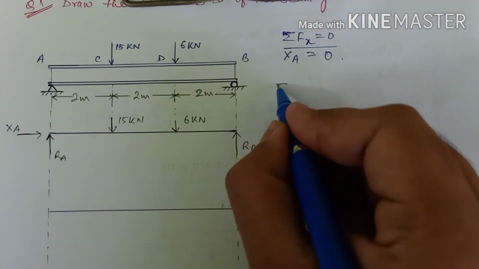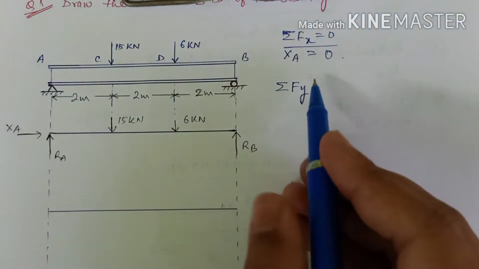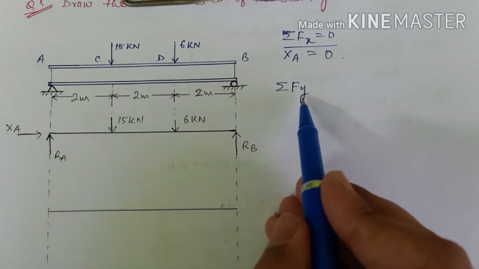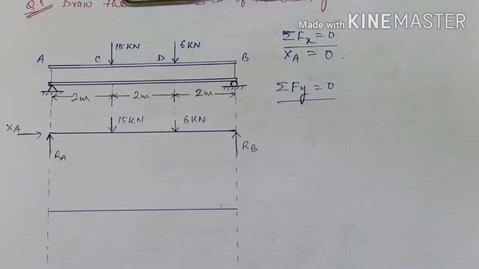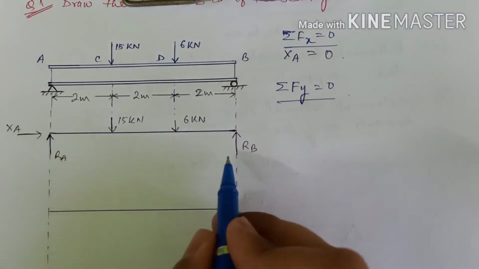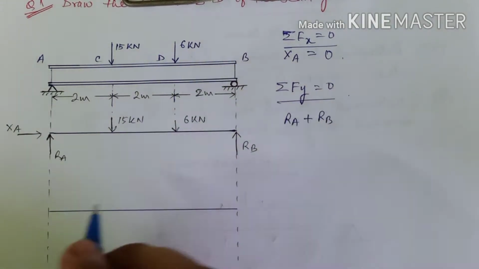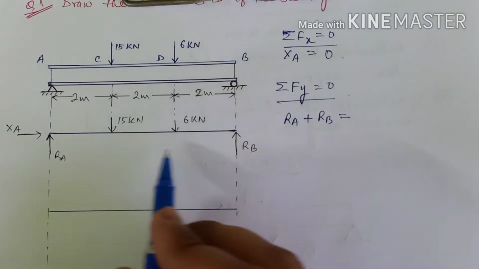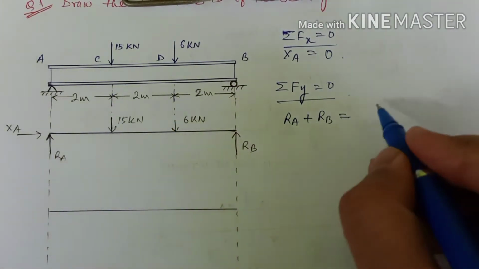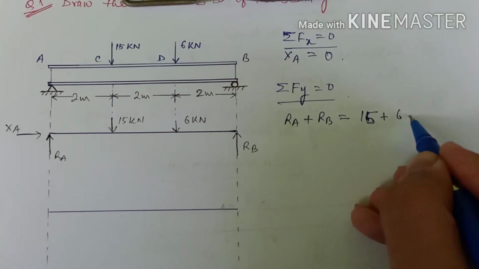The second equation of equilibrium that we can apply is that the summation of forces in the vertical direction will be 0. What are the forces acting in the vertical? RA and RB are both positive because they are in the upward direction. They are counterbalanced by the forces acting downward, that is 15 and 6.